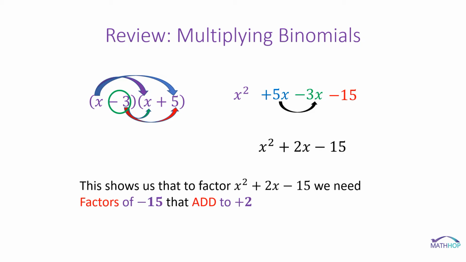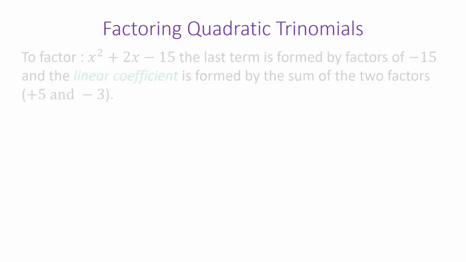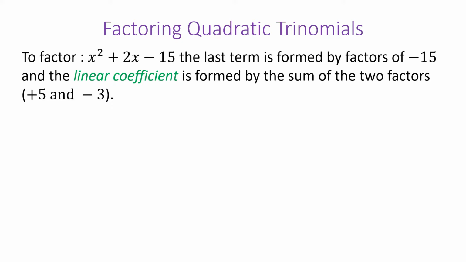This shows us that in order to factor this expression, x squared plus 2x minus 15, we need factors of negative 15 that add to 2. Okay, we needed factors of negative 15, negative 3 and 5, that added to 2. Negative 3 plus 5 is 2. So, in order to factor that expression, the last term was formed by factors.